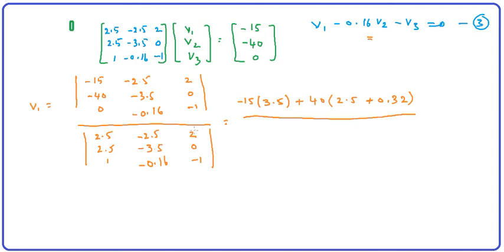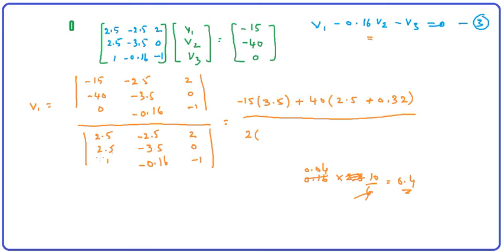Now it is easy to go ahead with the third column. 2 times 2.5 into 0.16, so let me solve here. It is 0.16 into 2.5, and 2.5 means 10 by 4, so 0.04 into 10 is 0.4.